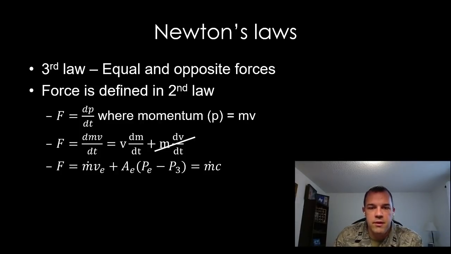Now, you're going to see that second term, A sub E times (P sub E minus P sub 3). That's just the difference in pressure at which the exhaust exits the rocket. So P sub E is the exit exhaust pressure of our rocket, and P sub 3 is the atmospheric pressure.